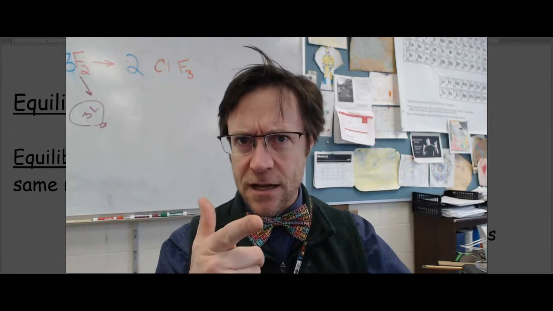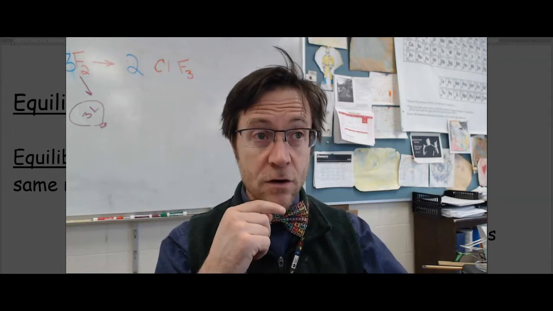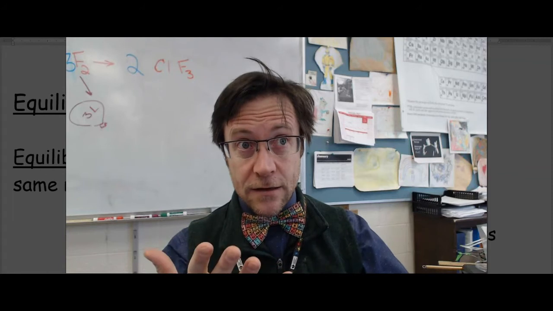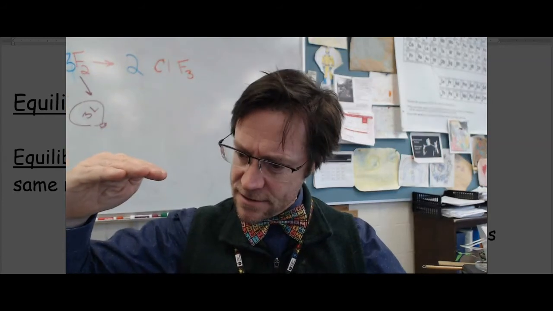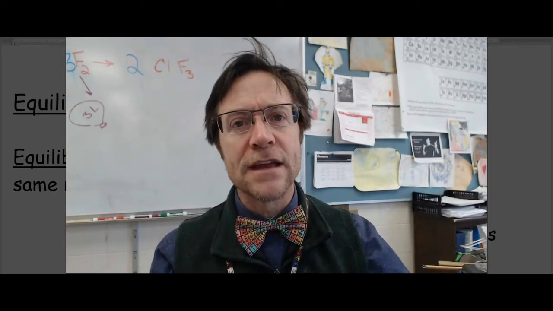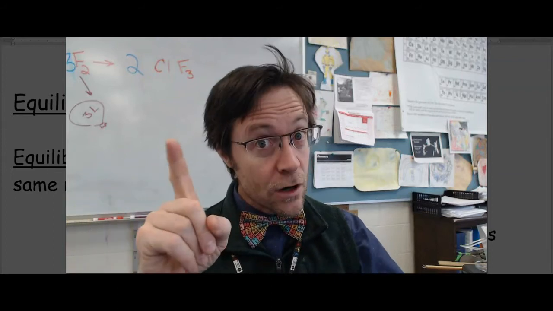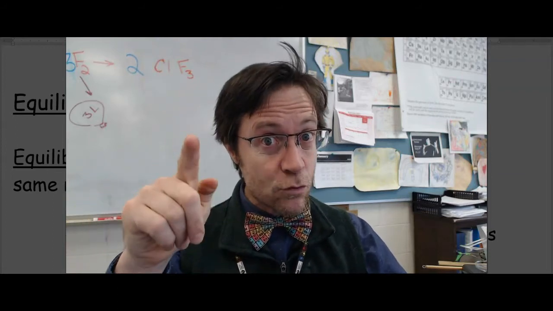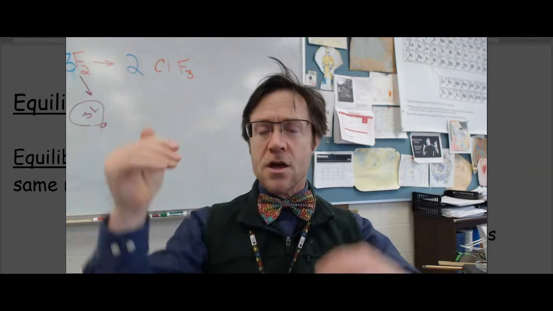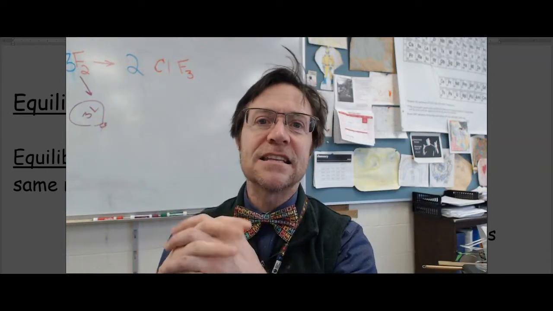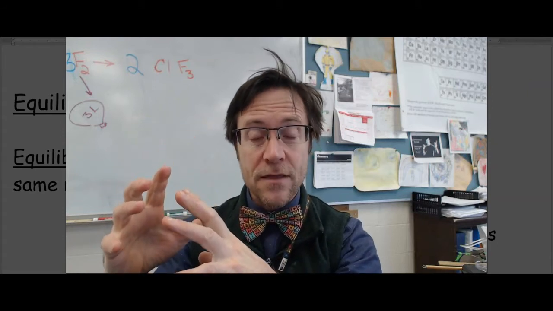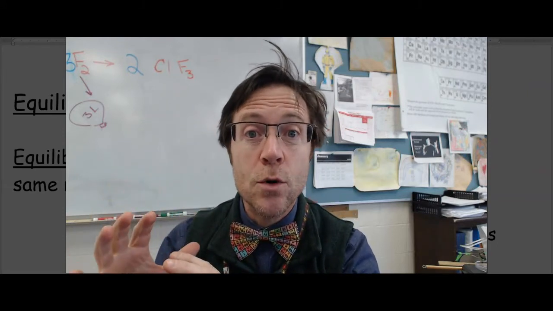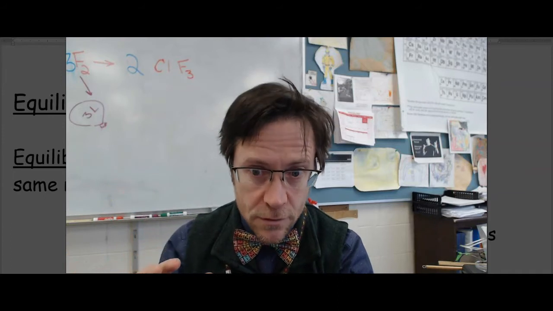As the forward reaction goes and the amount of reactants gets less and less, the concentration of the reactants gets less and less. And we learned that concentration affects the rate, or the speed, of the reaction, right? So as the reactants drop, the forward reaction is going to get slower and slower.